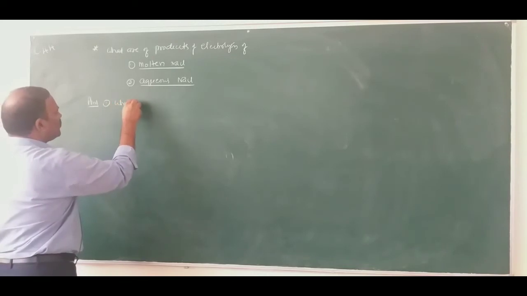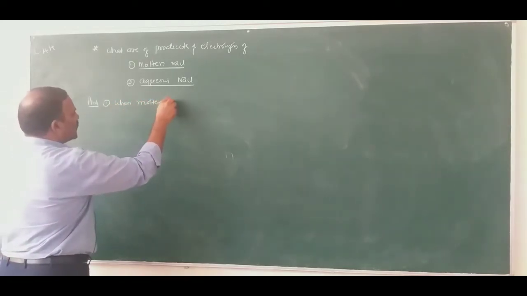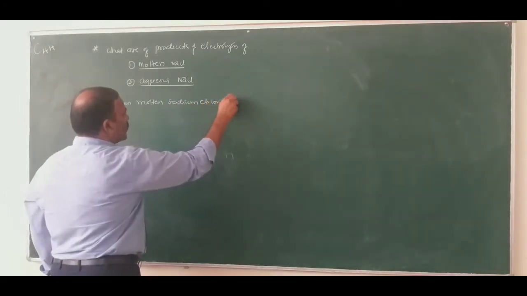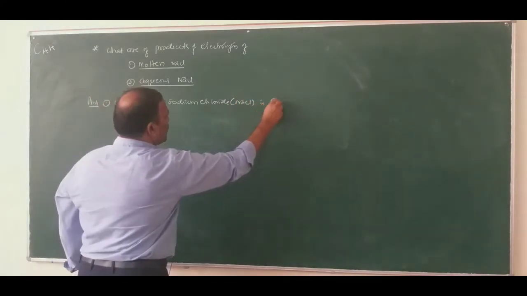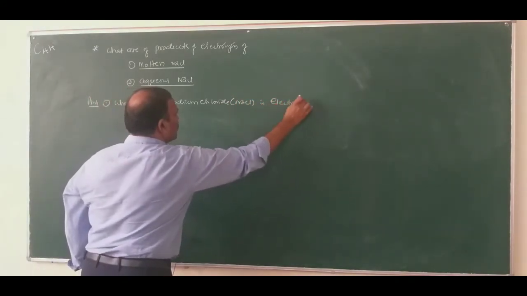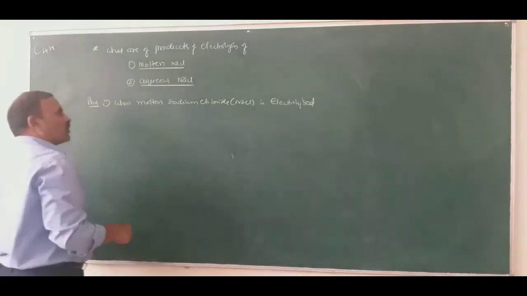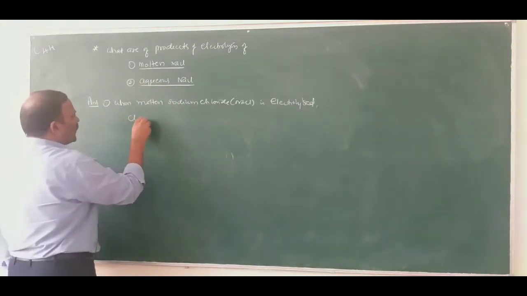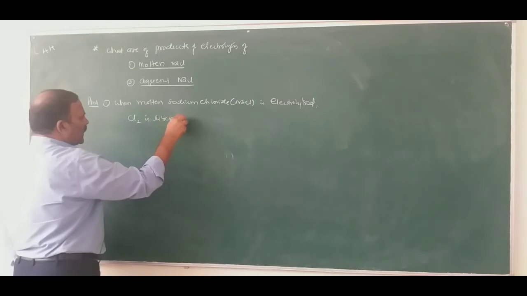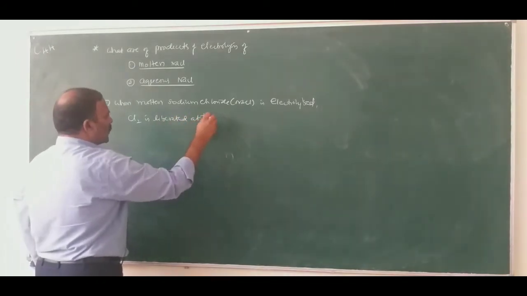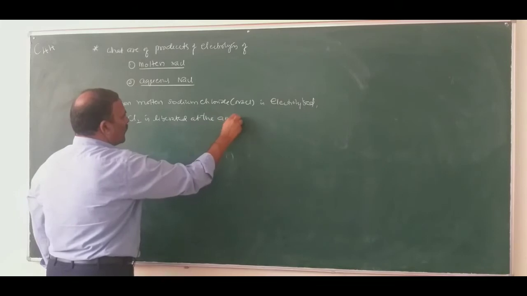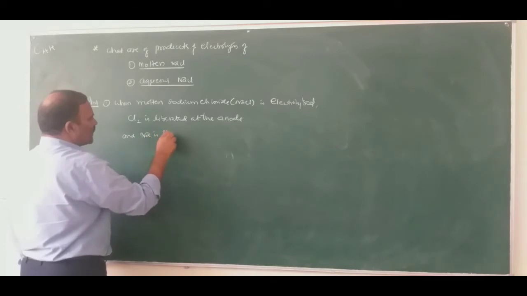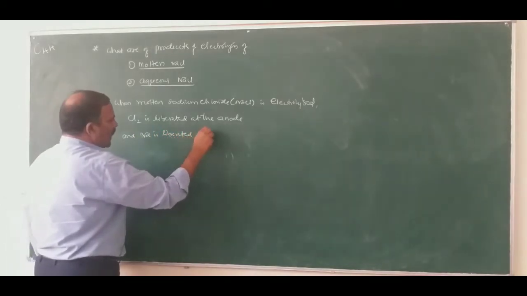When molten sodium chloride is electrolyzed, chlorine is liberated at the anode and sodium is liberated at the cathode.